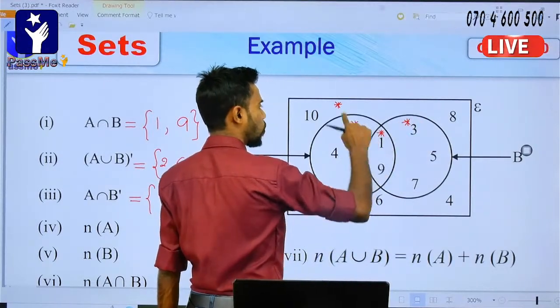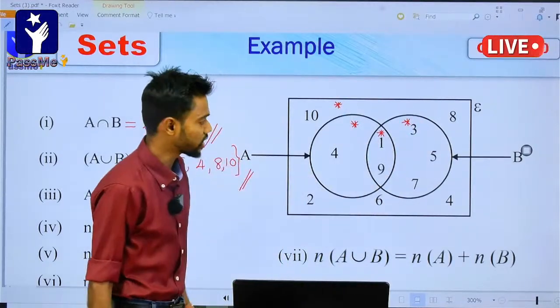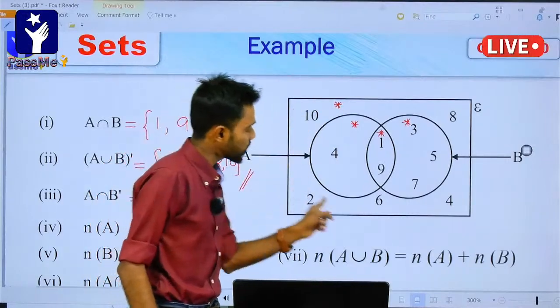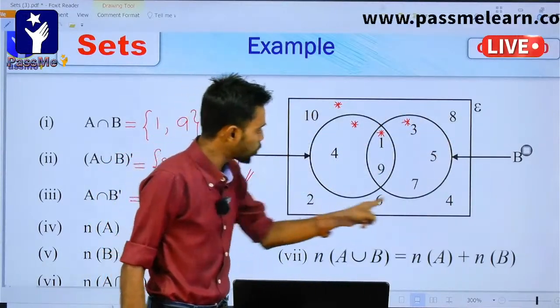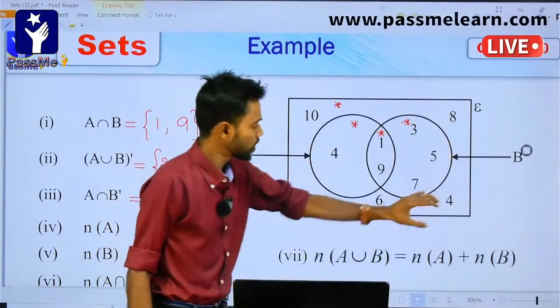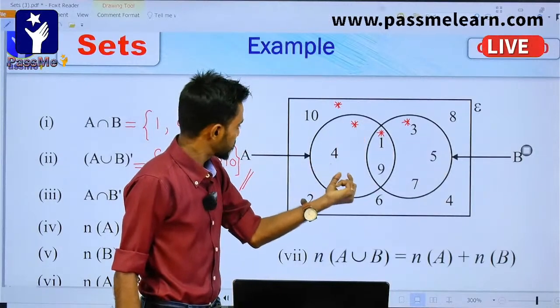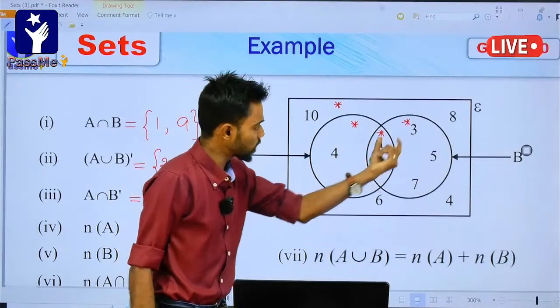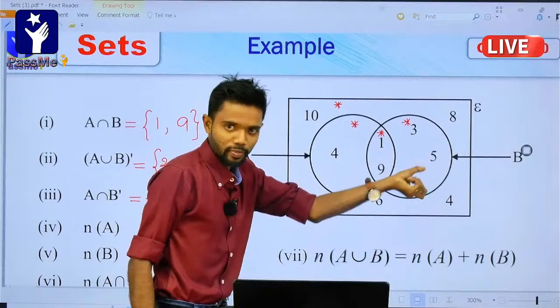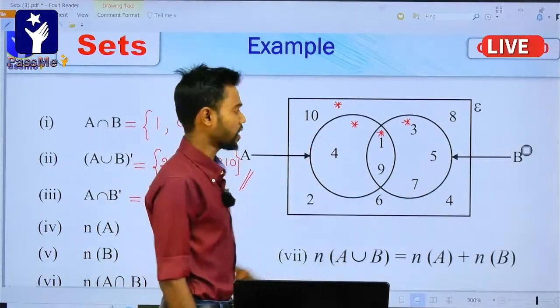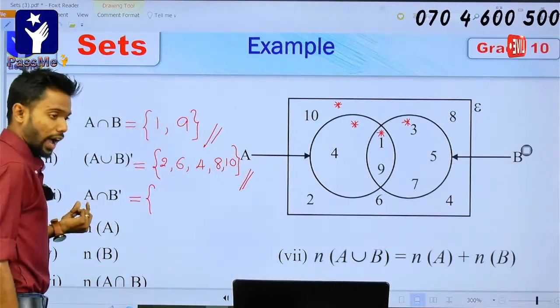So there are 4 places where we can shade individually. You can shade the outer boundary, and also this region, and also the common region, and also this only B part. So there are 4 places basically, right?